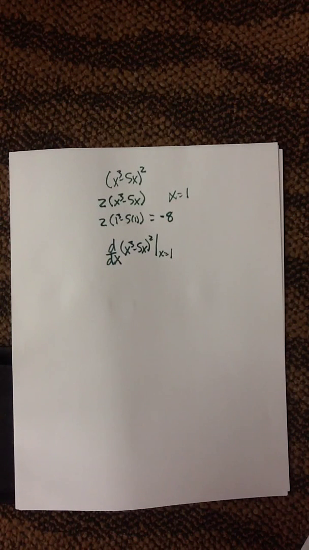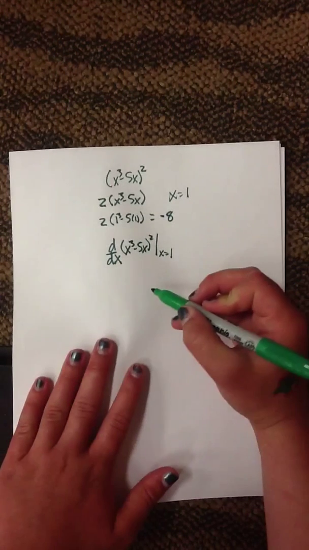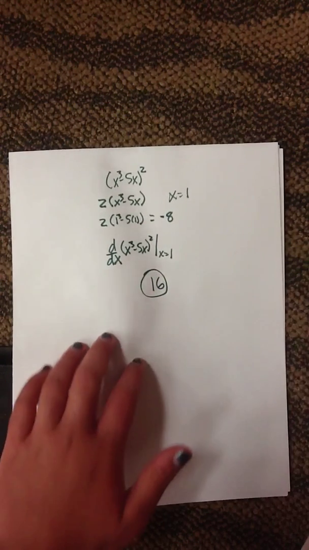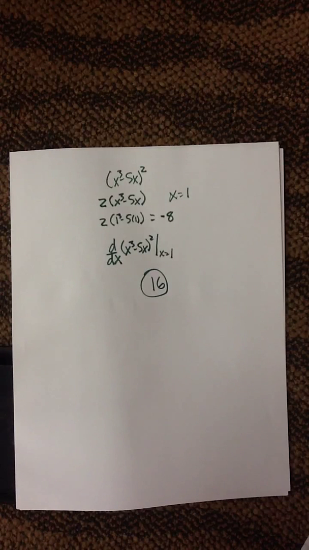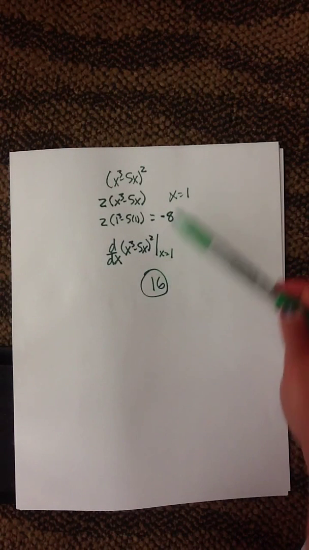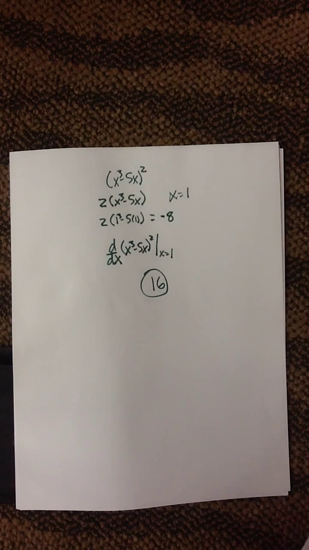Please take a moment to do this. You should get the answer of 16. Obviously, these do not match, so we are in need of an adjustment factor. This is where the chain rule comes in.